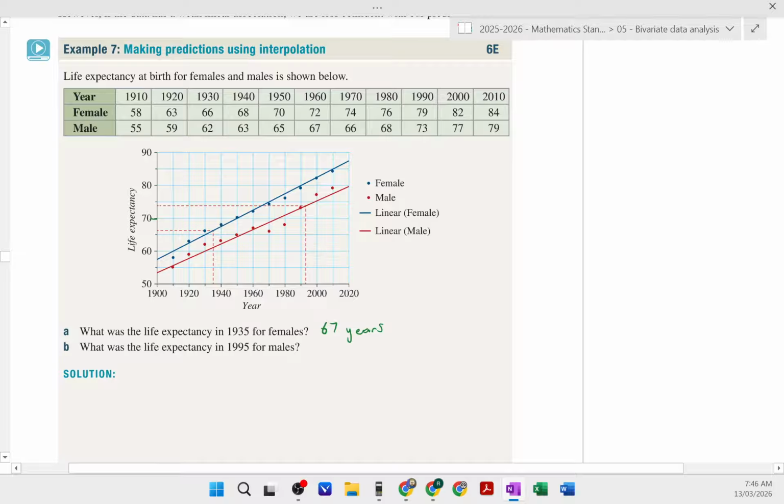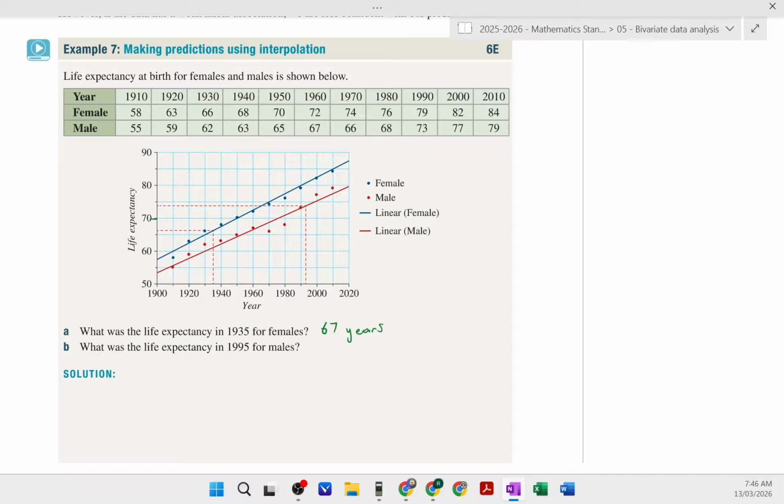So if in an exam or an assessment situation you've drawn a line of best fit and it's not perfect, that's okay. You are now going to use that for all your subsequent questions. The marker would look at that and go, okay, your line of best fit is not perfect. However, using it to make predictions, you've done that correctly. So once you've got your line of best fit, that's the one you use.